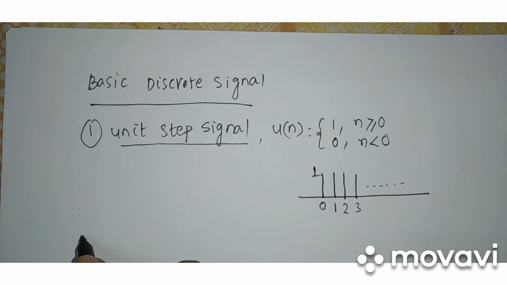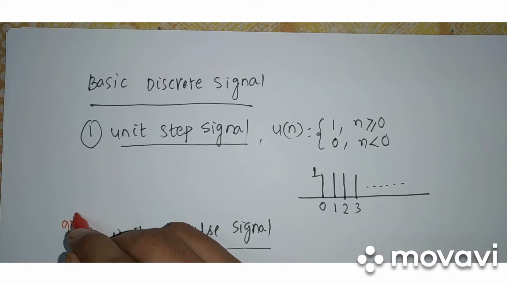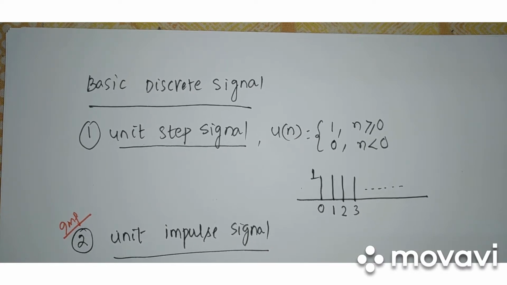And next is unit impulse signal. It is very important. Impulse signal always important, plays a very important role for all calculation. Okay, in the signal system, both unit step signal and impulse signal play very important role.